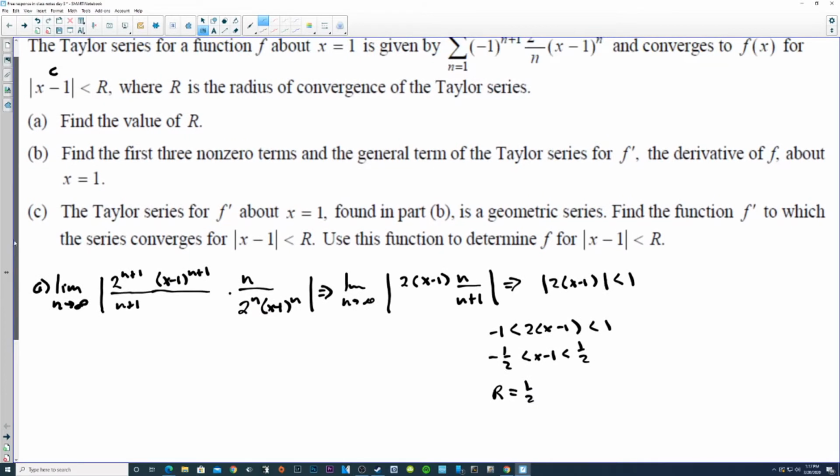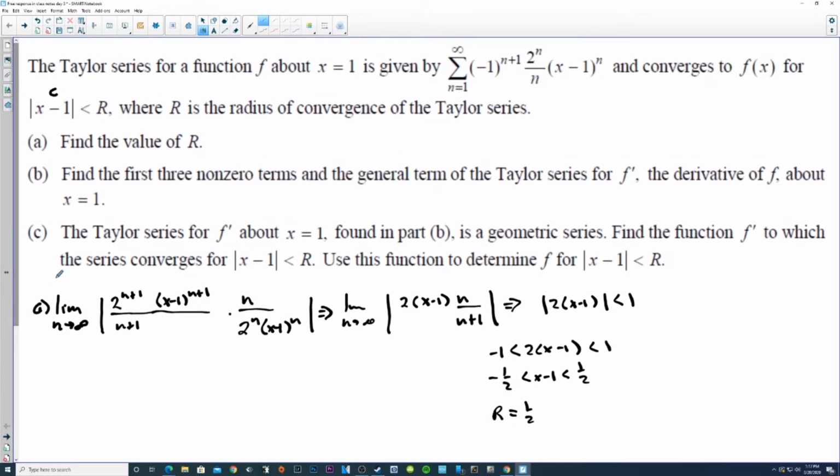Letter B, find the first 3 non-zero terms in the general term of the Taylor series for f prime, the derivative of f. All right, let's try that. Letter B. Well, f is given by this series right here. So we're starting with 1. 1 plus 1 is 2, so we're starting with a positive value. It's going to be 2 to the first over 1.